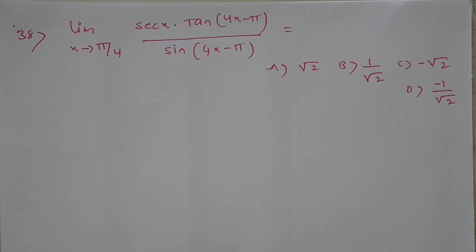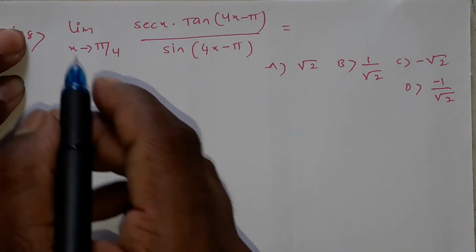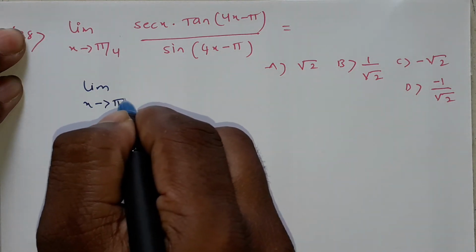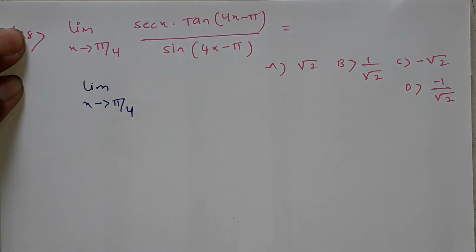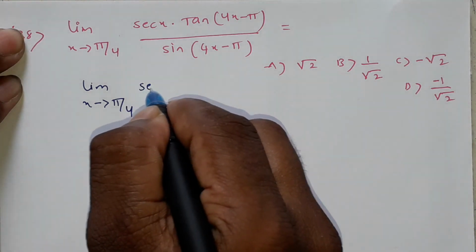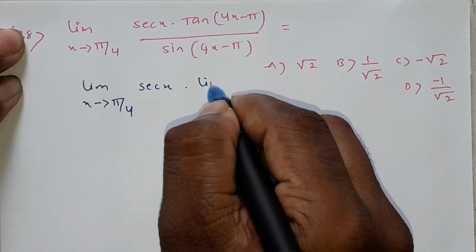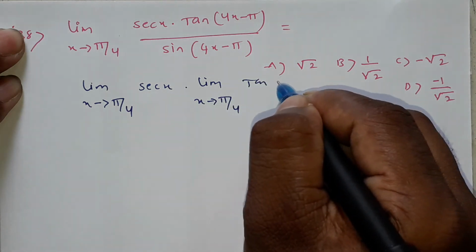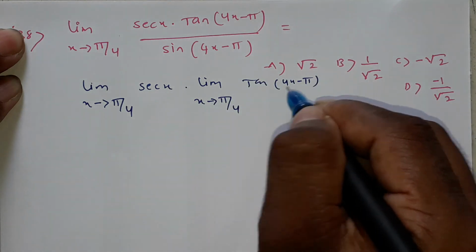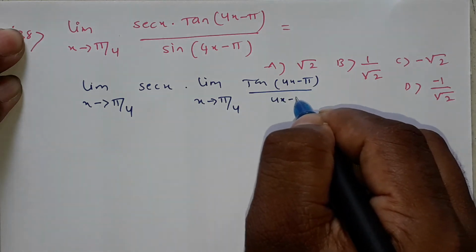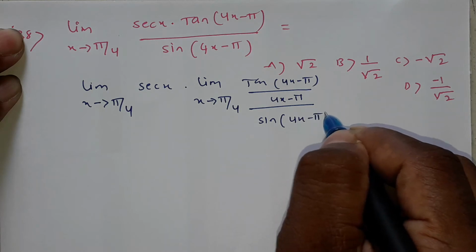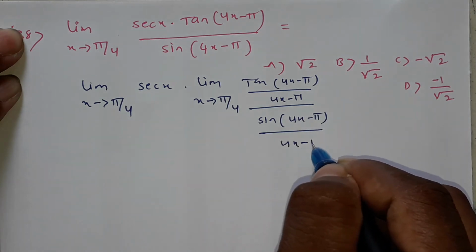Here simplification is very easy. Limit x tends to pi by 4, placing pi by 4 in place of x gives 0. We apply the limit x tends to pi by 4 of secant x into tan of 4x minus pi divided by 4x minus pi, by sin of 4x minus pi by 4x minus pi.